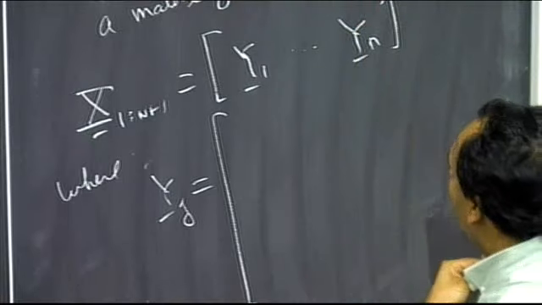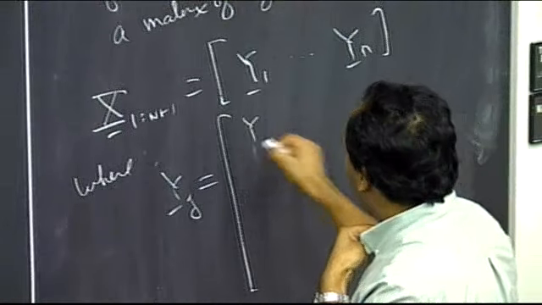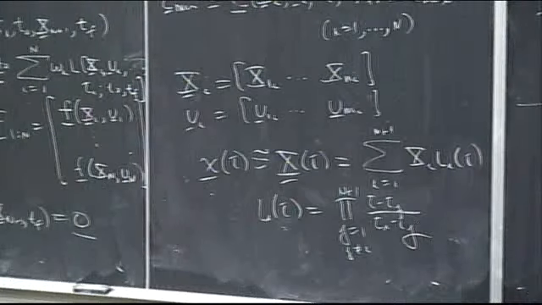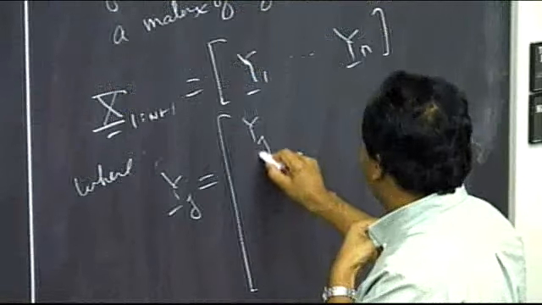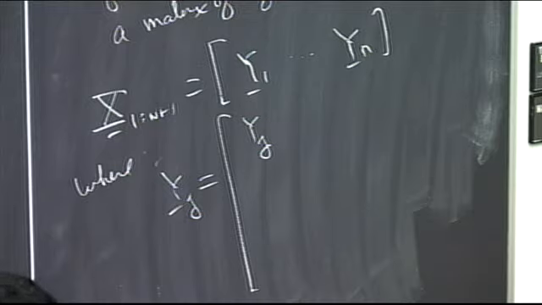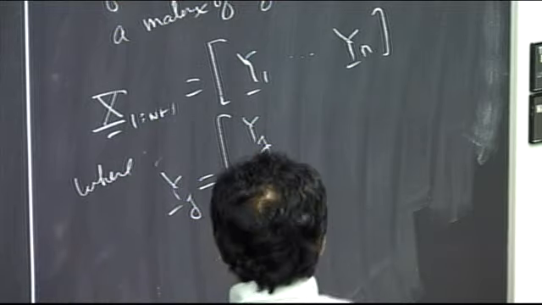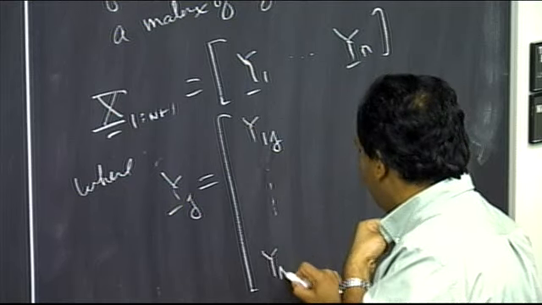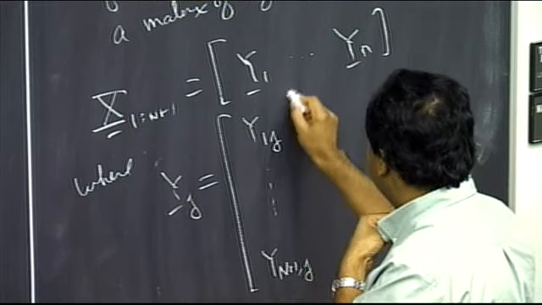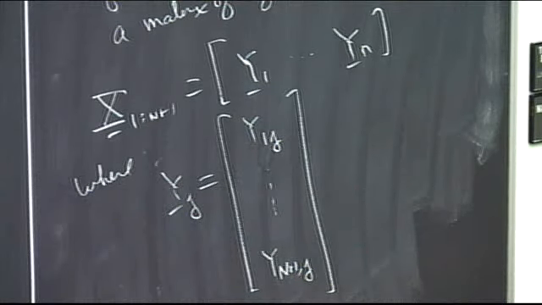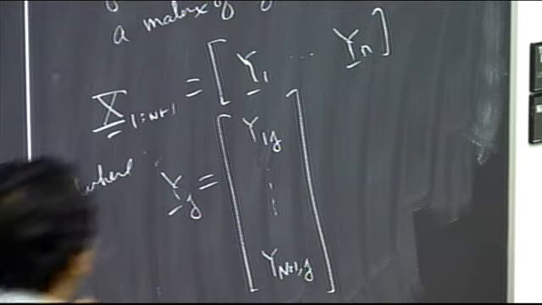So if I take the jth column, I get y1 comma j, all the way down to y n plus 1 comma j. It's basically taking this matrix and stripping out the jth column.